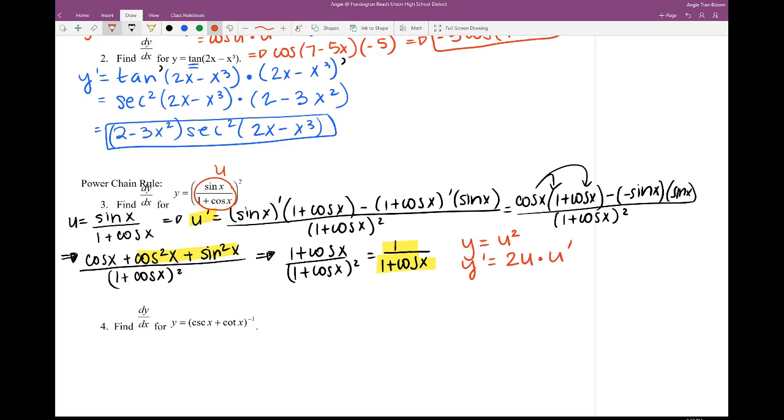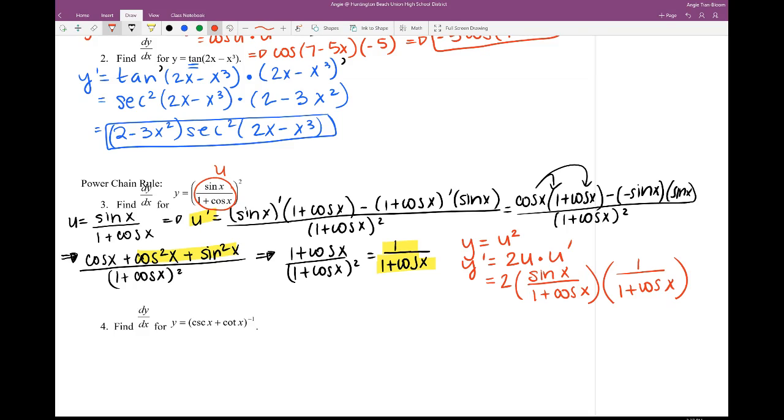Okay. So from here, I would have 2 times u, that whole thing, sine of x over 1 plus cosine of x. Okay, that's u. u prime is 1 over 1 plus cosine of x. That's what u prime is.